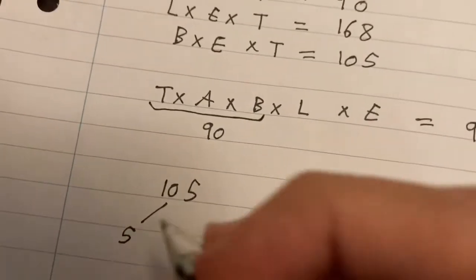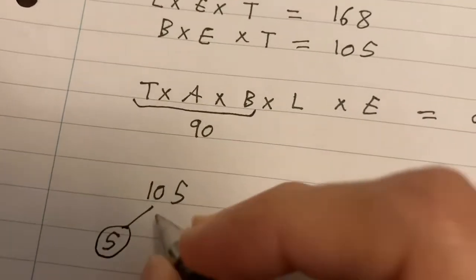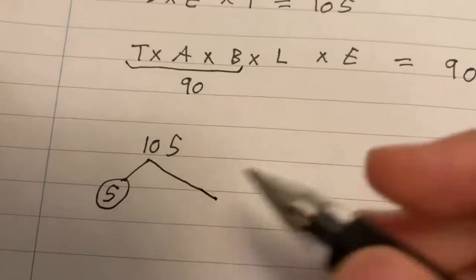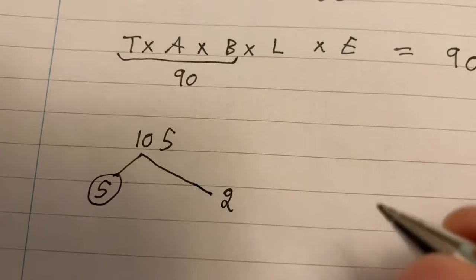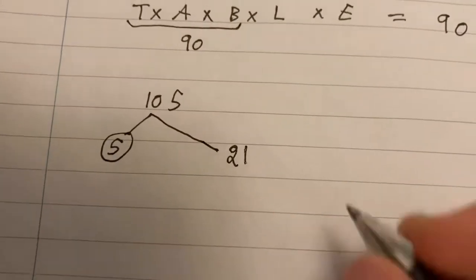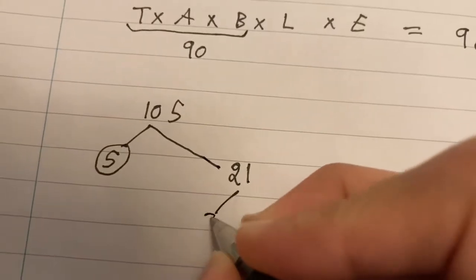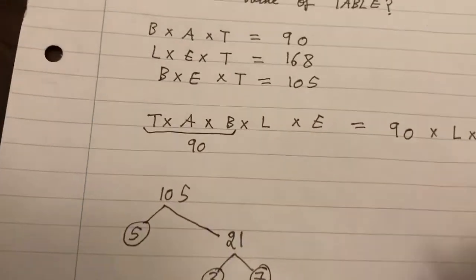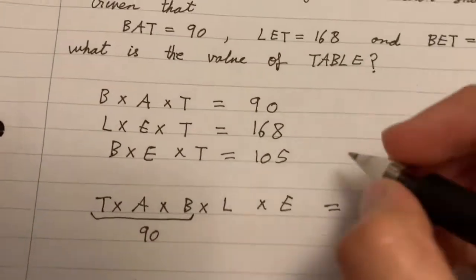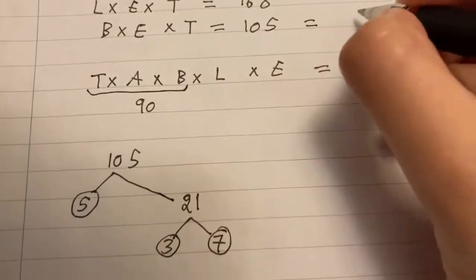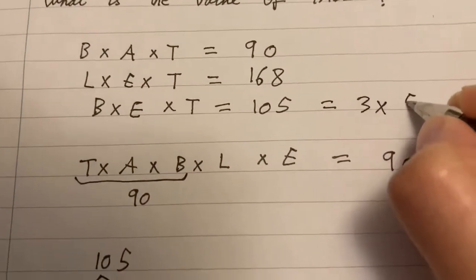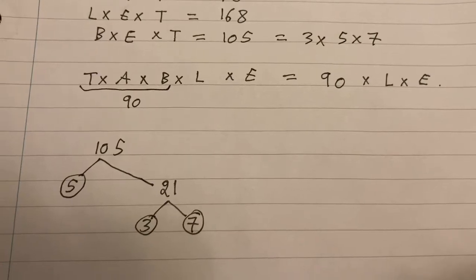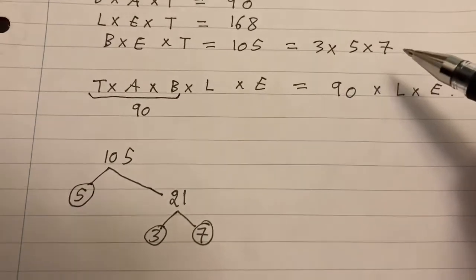So that was easy to guess. 5 is a prime factor, and the other factor would be 105 divided by 5, which is 21. And then we could factorize this further: 3 times 7 is 21. So 105 can be written as the product of three numbers, 3 times 5 times 7. So we know that B, E, T are each one of 3, 5 or 7.